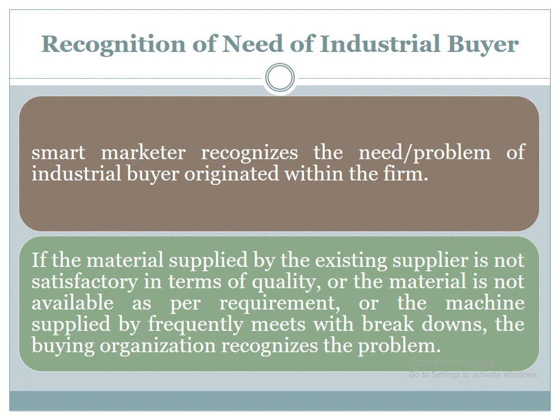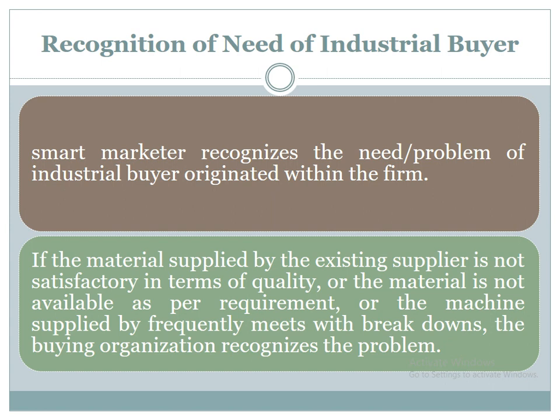A smart marketer recognizes the need or problem of the buyer originating within the firm. If the material supplied by the existing supplier is not satisfactory in terms of quality, or if material is not available as per the requirements, or the machine supplied frequently meets breakdowns, then the buying organization recognizes the problem.